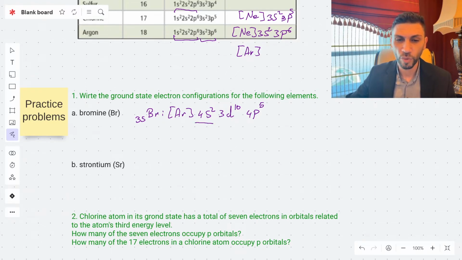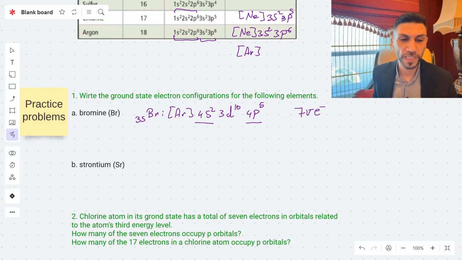Again, 4s2, 3d10, 4p5. The outer shell level is number 4, and we have 2 plus 5, 7 valence electrons in the outer shell. It makes sense because the bromine is a halogen in group 17, which means it has 7 valence electrons.